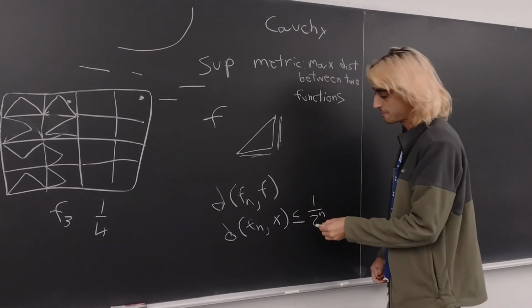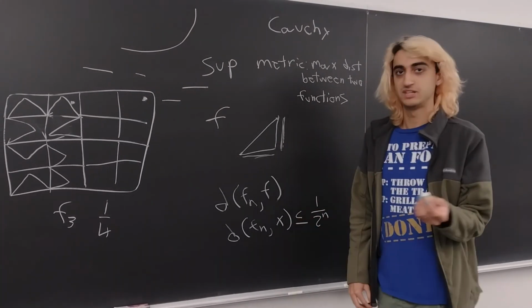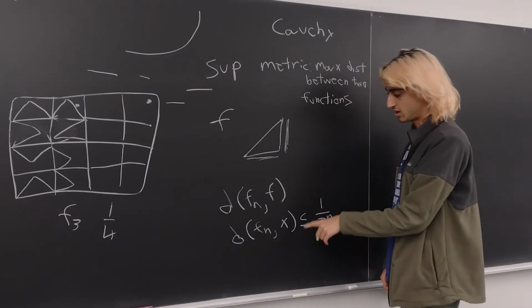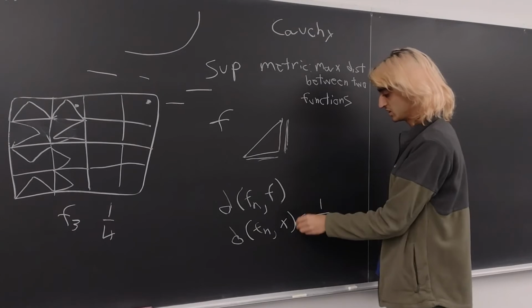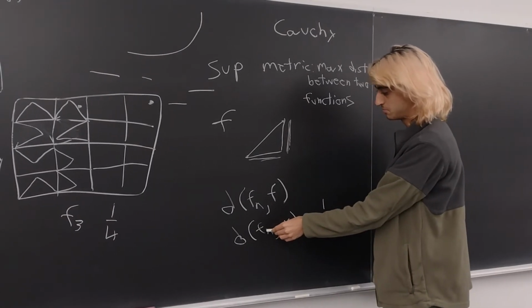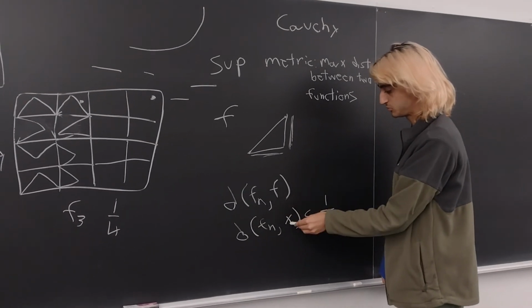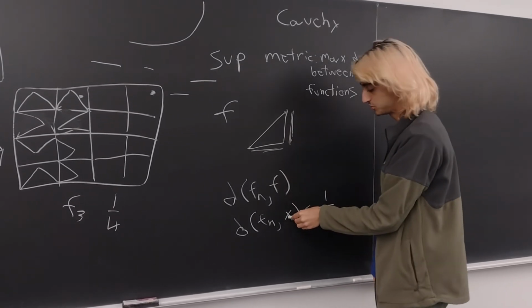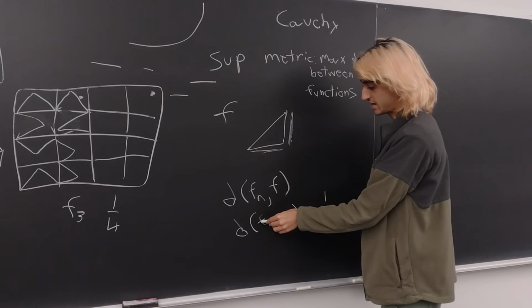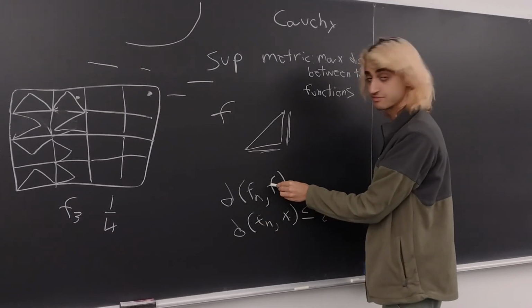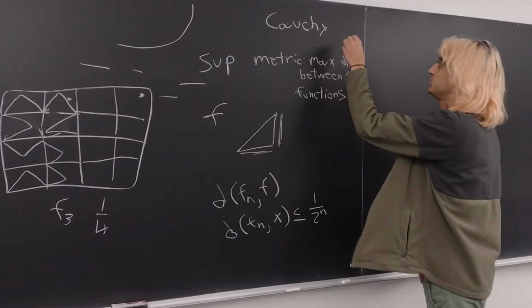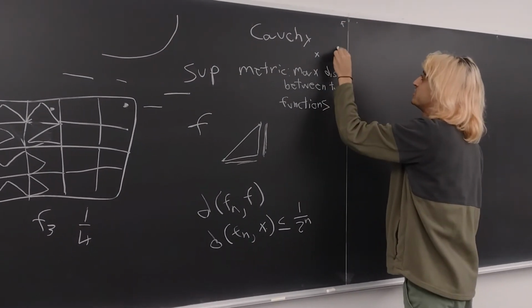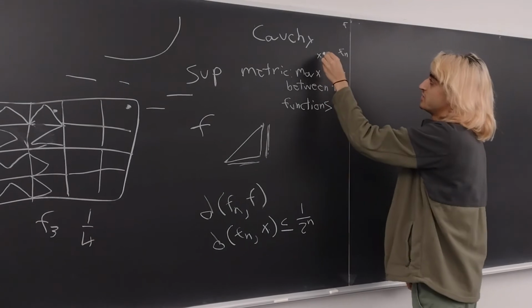It's also true in general, and it's one of the important properties of a distance, that the distance between x and f has to be less than or equal to the distance between x and fn, plus the distance between fn and f. You can think of x as your point here, f as another point here, and fn as a point here.